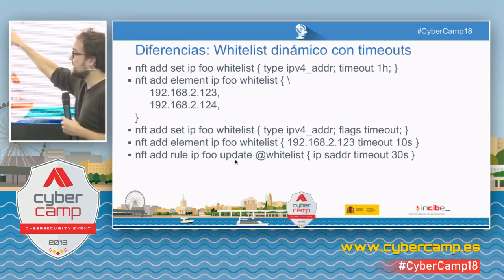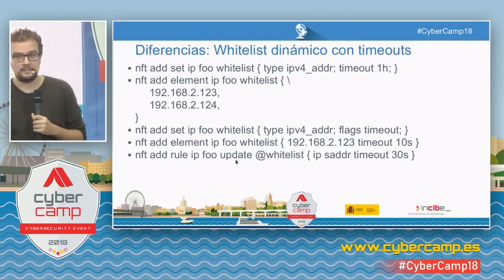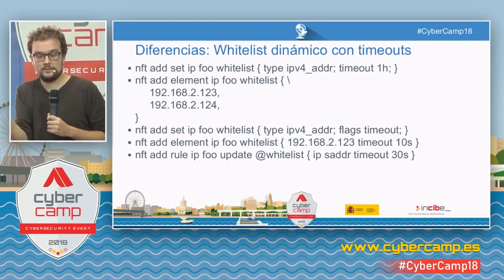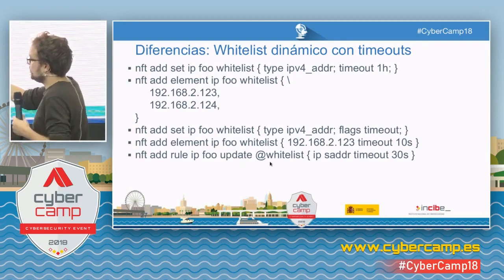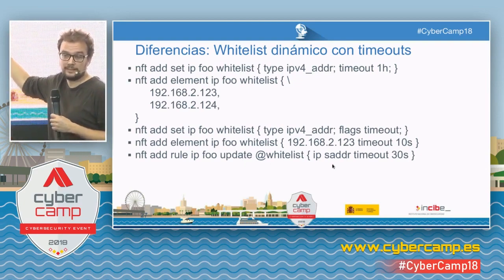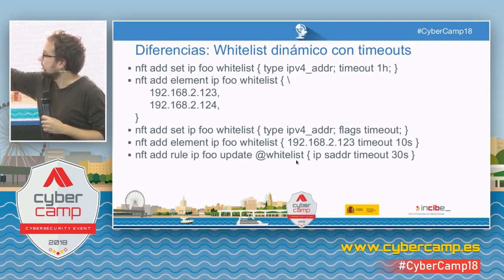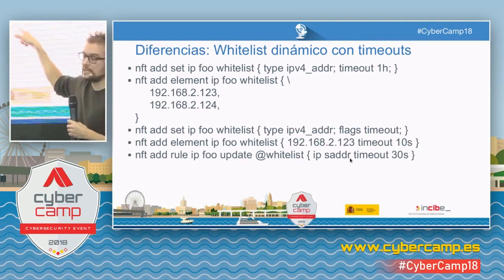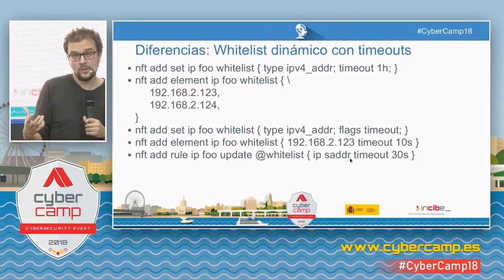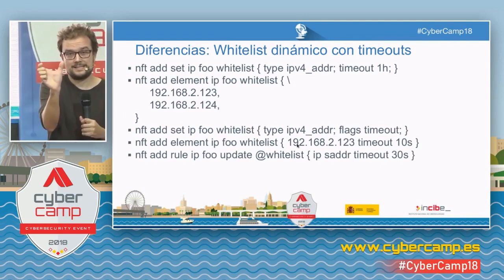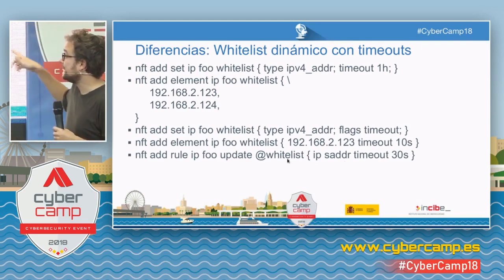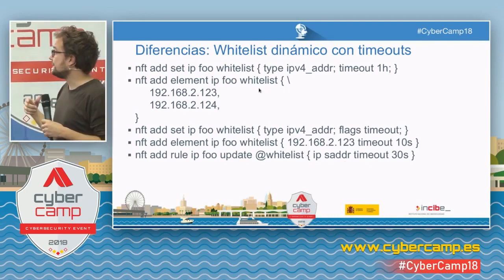You see, update says update the set. So this is an update on the path. Whenever a packet gets there, I will do so by extracting the source IP. So we are populating a pool based on the source IP, and we populate this whitelist.